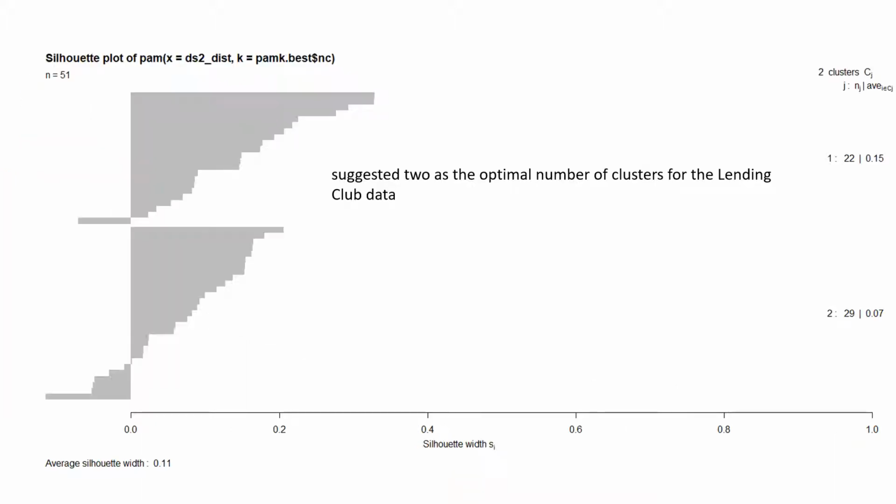Because of that, we proceed to do the silhouette analysis to determine the optimal number of clusters. And as we can see from this diagram, the silhouette analysis suggested 2 as the optimal number of clusters for the Lending Club data.